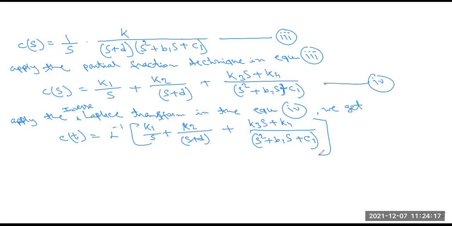The process is the same: first, we change the denominator part into factorized form. Then we apply the unit step, unit ramp or impulse response. Then we apply the Laplace transform. These are the equations for the third order control system after the Laplace transform is applied.